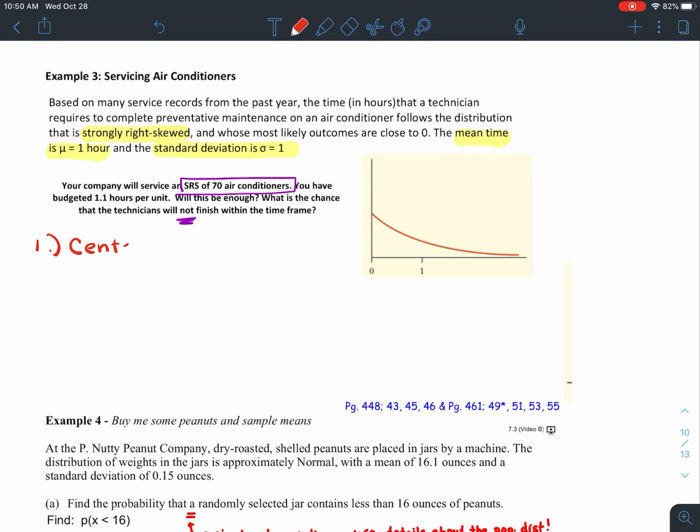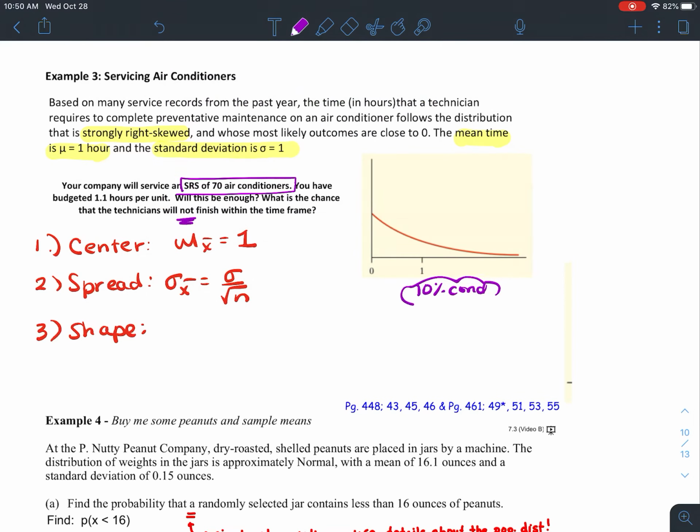We first need to find the center and the spread and then the shape here. Okay, so our center should be right on whatever it said the population mean time is. That's 1 hour. Our spread, okay, this is our formula. I'm going to run off to the side here and do the 10% condition.